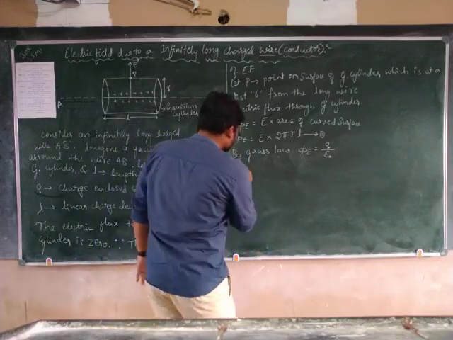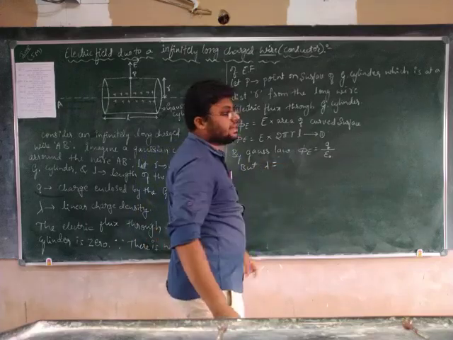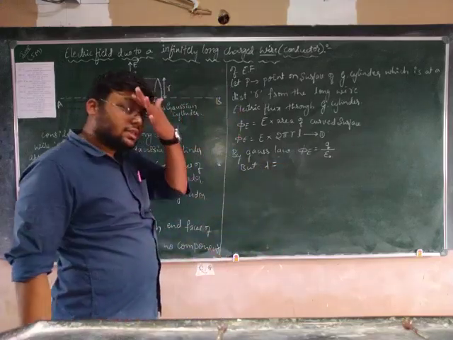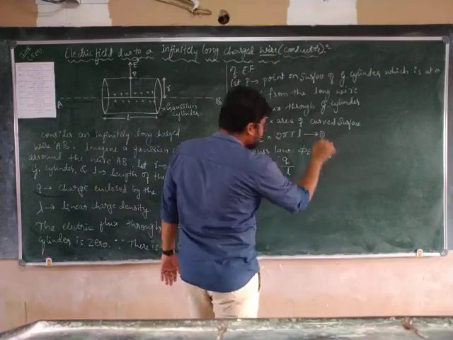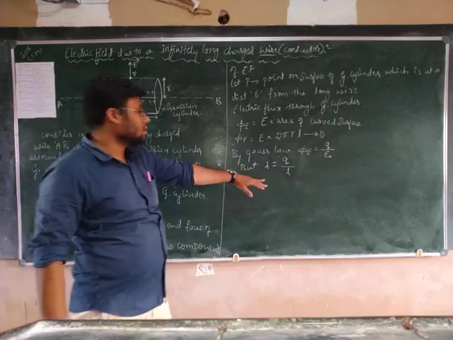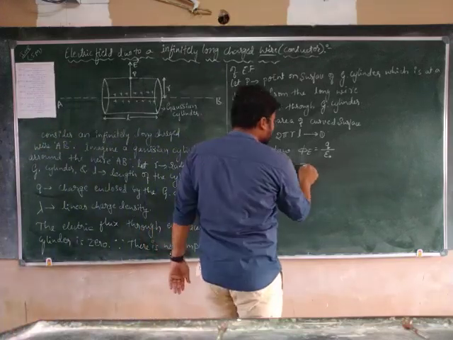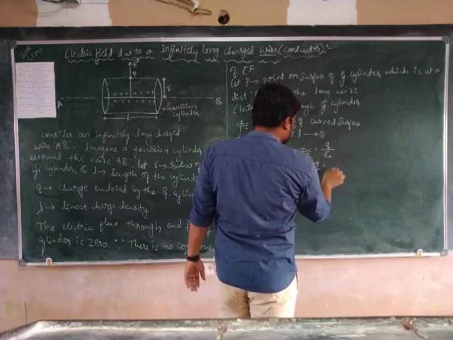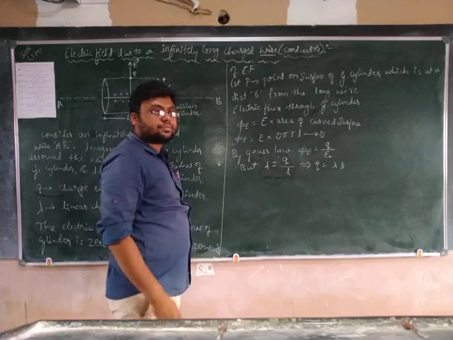But lambda, that is the linear charge density, is equal to charge per unit length. This you have known. The previous classes I have explained about this one, linear charge density. So then this implies Q is equal to lambda into L. L will come this side.